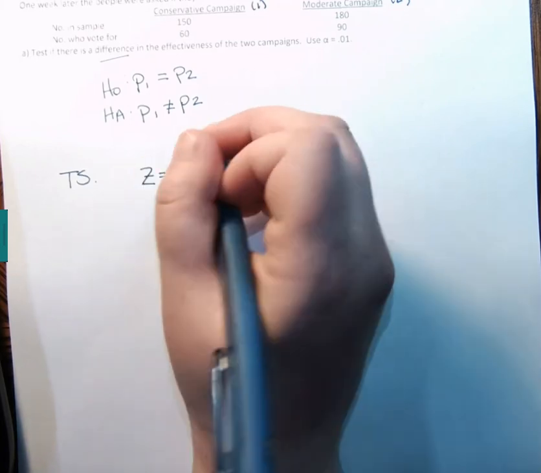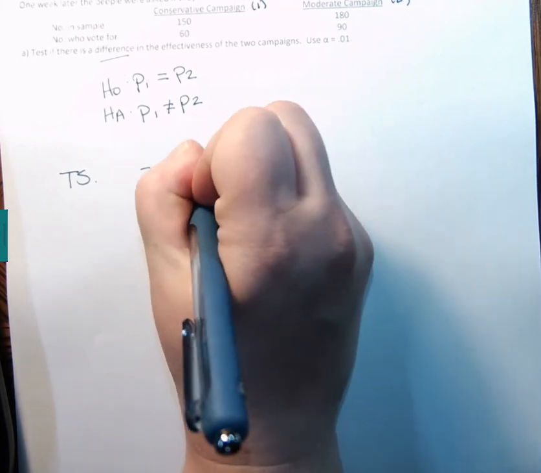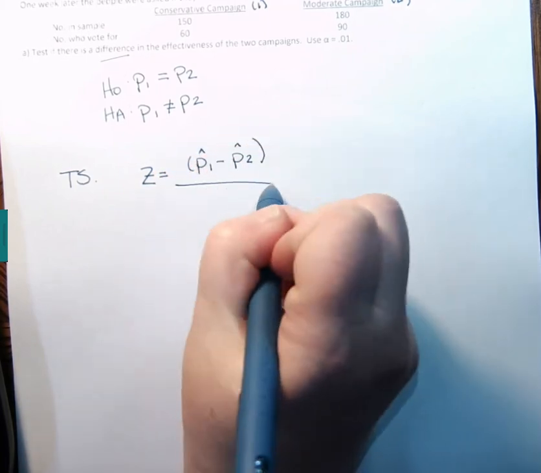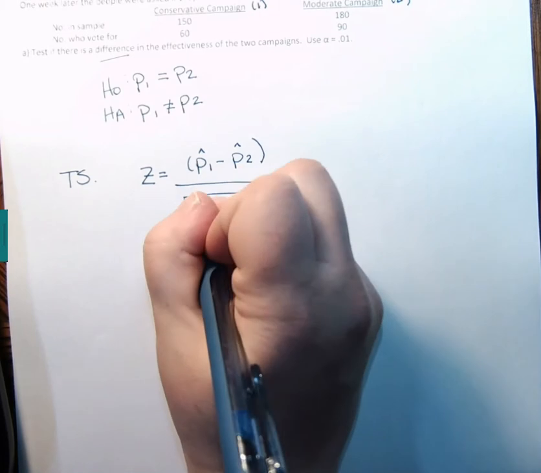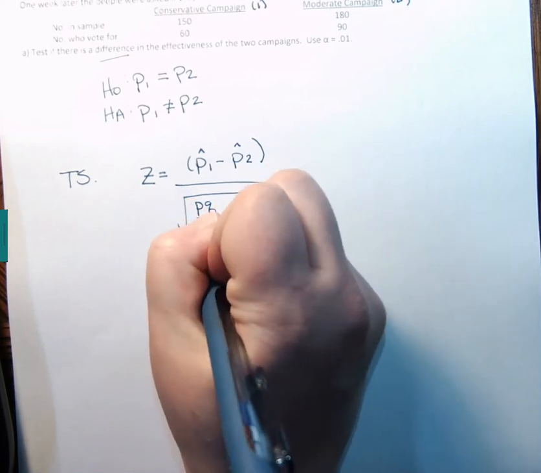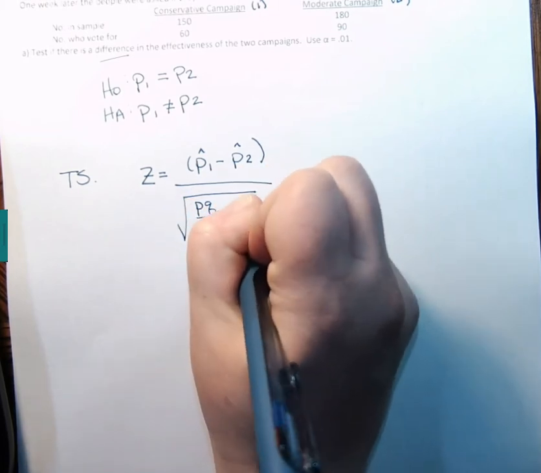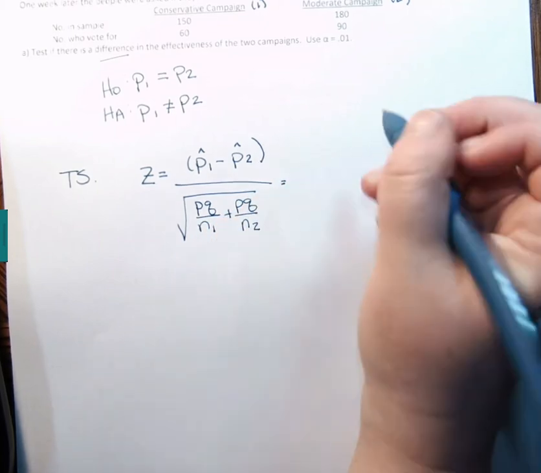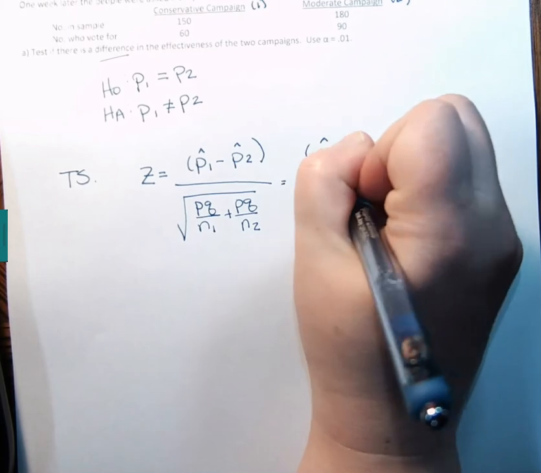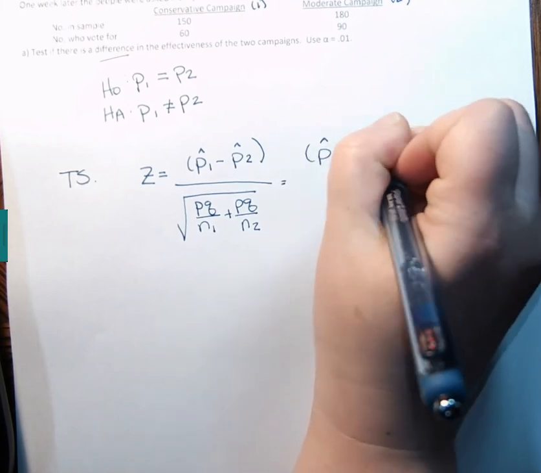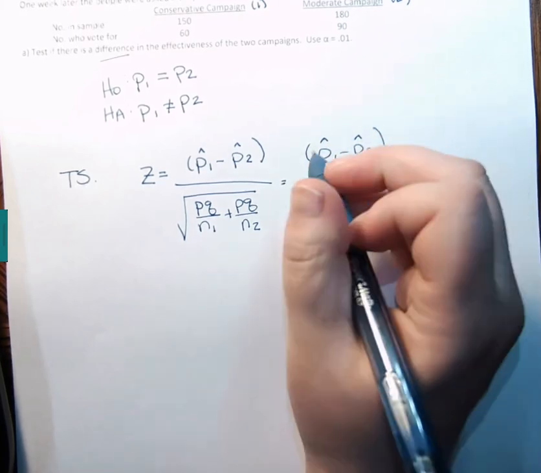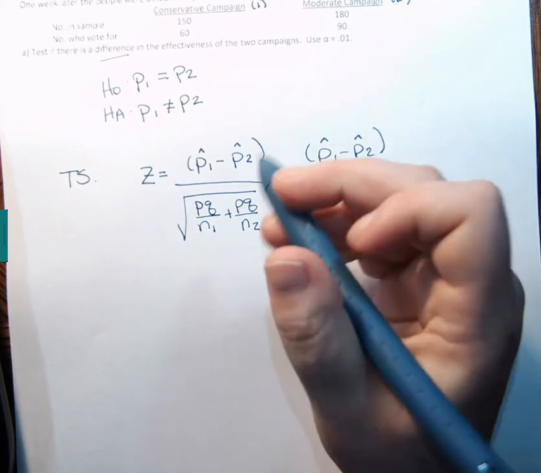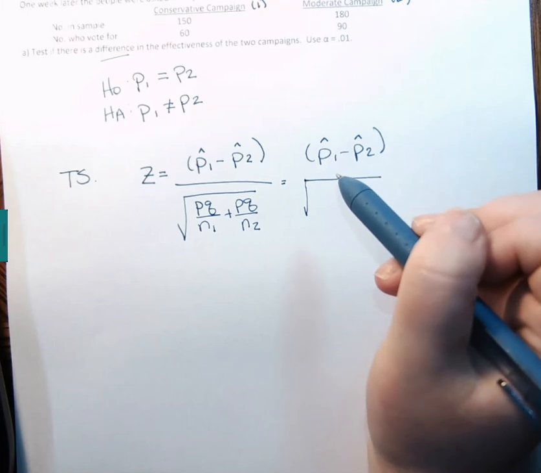So recall that your test statistic in this case is p hat 1 minus p hat 2 divided by the square root of pq divided by n1 plus pq divided by n2. Well, that's going to be equal to p hat 1 minus p hat 2 divided by the square root, and notice both of these are multiplied by PQ.